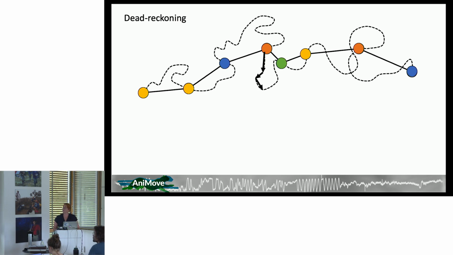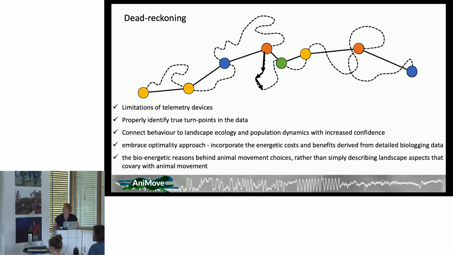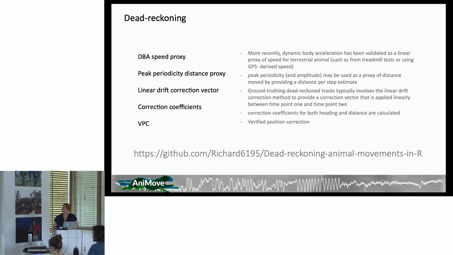So the process of dead reckoning is to try and interpolate your points to add detail to your track. I will go through it quite quickly because it requires high frequency IMU data, which many won't have.